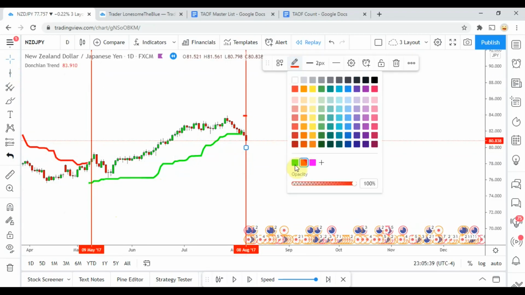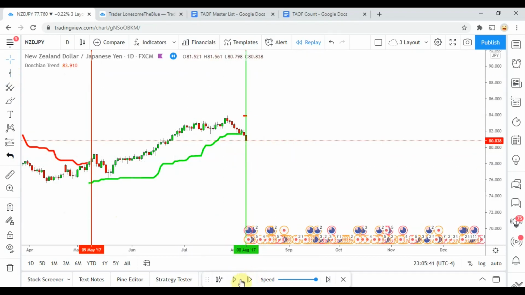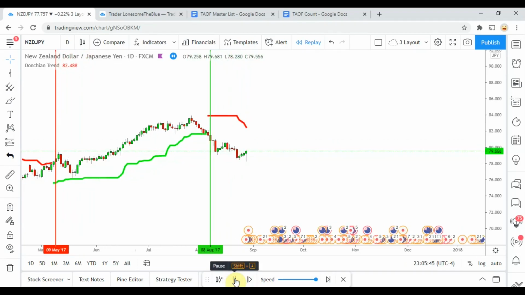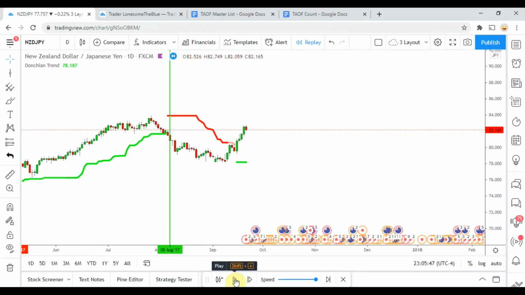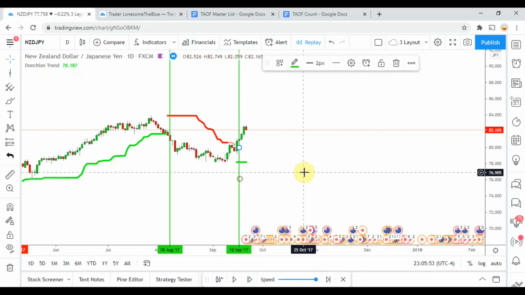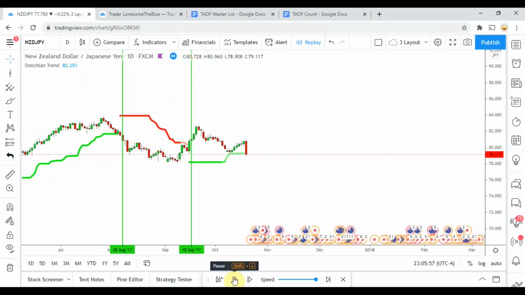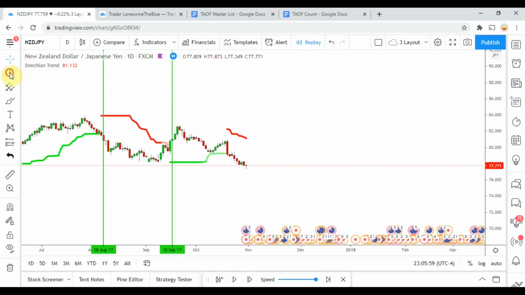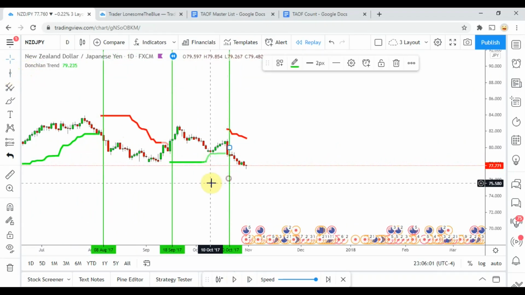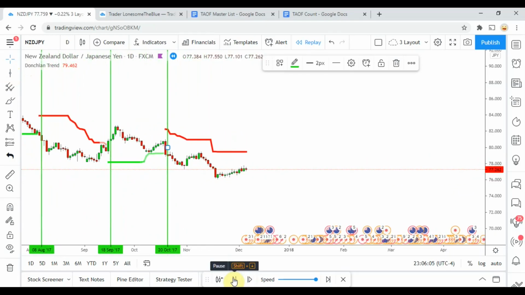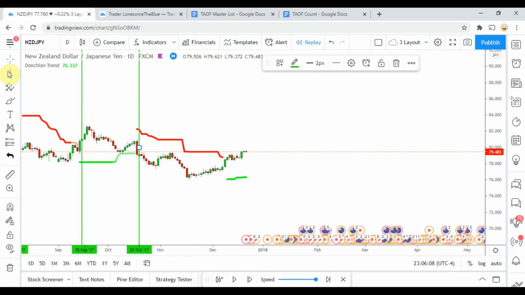This would have been our next short right there. That would have gotten us to take profit. Then over here on this side, we'd have picked up a long right there, also getting us to take profit. Then a short right there, once again getting us to take profits.